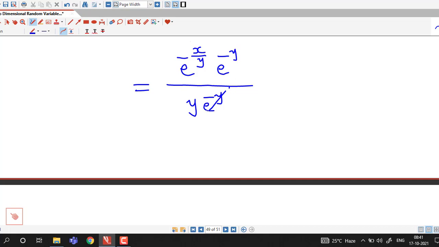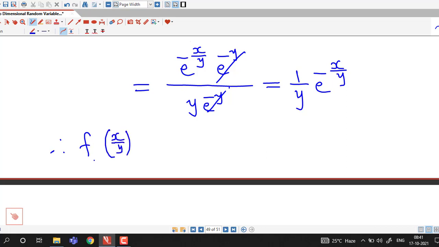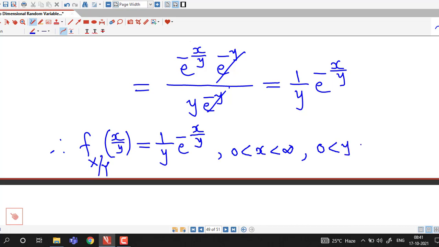Now this is non-zero, so we can cancel it out, and we have 1 by y times e raised to minus x by y as the conditional density of x given that y equal to y, where we assume that both x and y are positive.